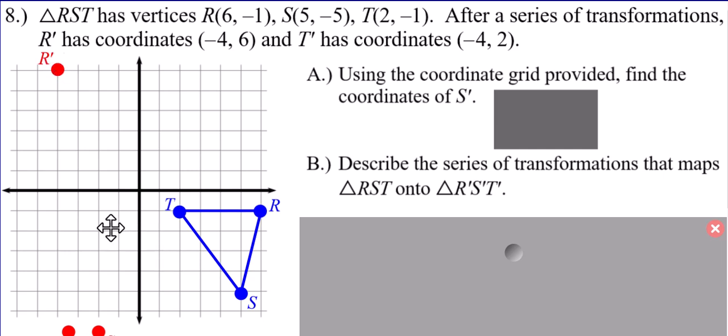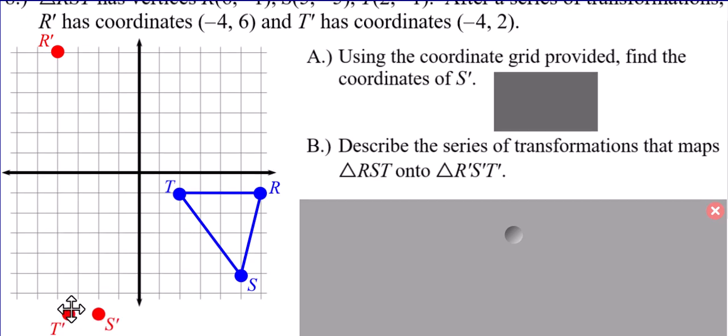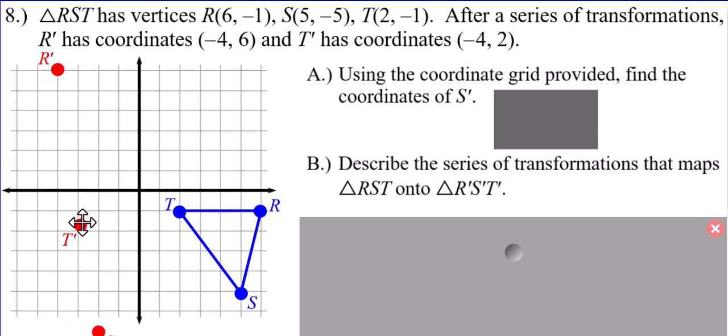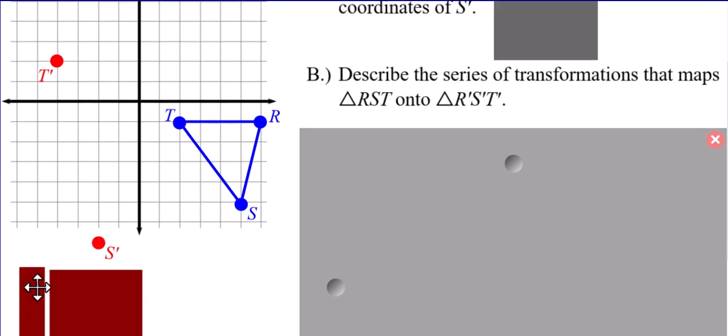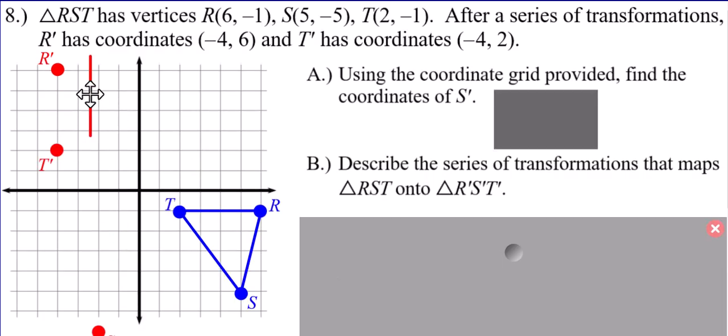And T prime is -4 and 2. Okay, 1, 2, 3, 4, 1, 2. All right. Now, I would go ahead and draw the line segment that connects those two dots. And the question is, what are going to be the coordinates of S prime?